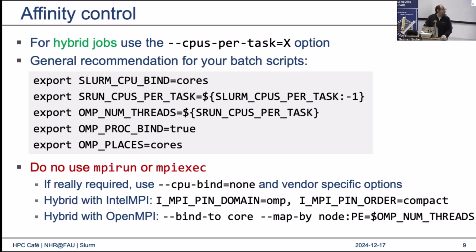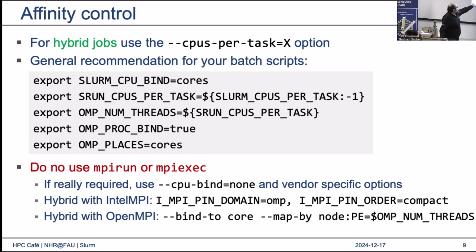If you want to do a hybrid with Intel MPI, we recommend these settings. So Intel MPI pin domain OMP, which basically asks the OpenMP runtime how many threads you want and where you want to place them, and I'm putting my MPI tasks around it. And you want to have a compact ordering.